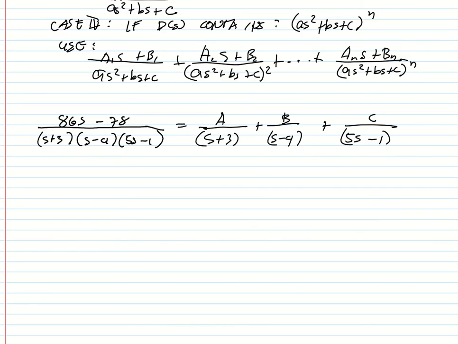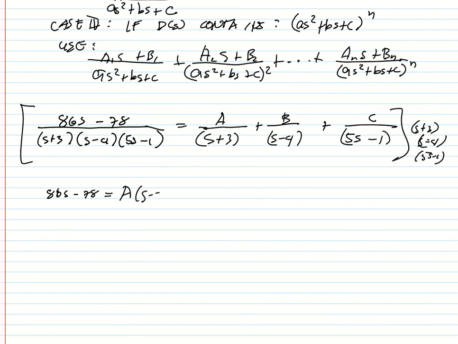First we need to simplify this, multiply both sides by the denominator, s plus 3 times s minus 4 times 5s minus 1. So this will become 86s minus 78 equals, s plus 3 will cancel out, so a times s minus 4 times 5s minus 1. Then for b, s minus 4 will cancel out, so s plus 3, then 5s minus 1. Then lastly, for c, 5s minus 1 will cancel out, s plus 3, s minus 4.